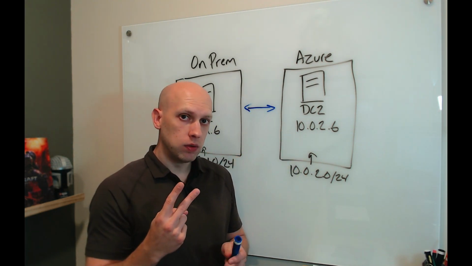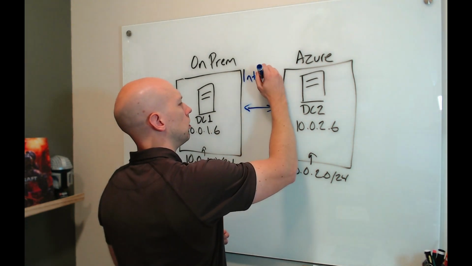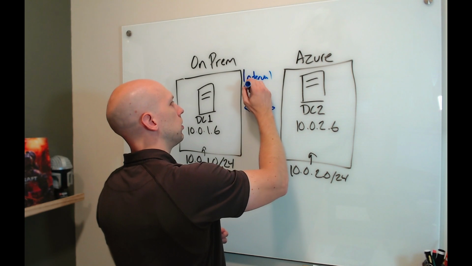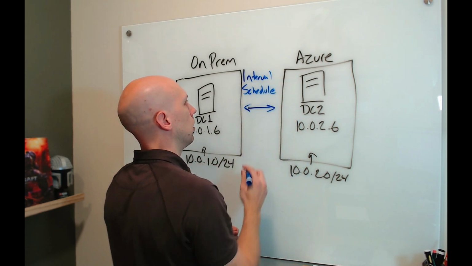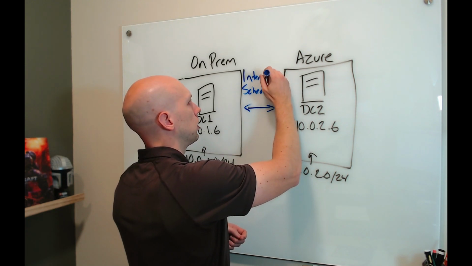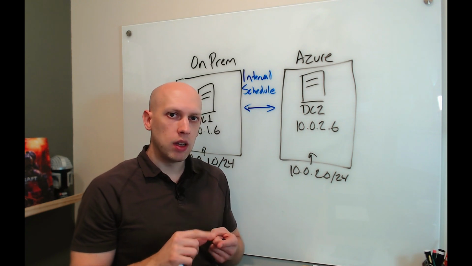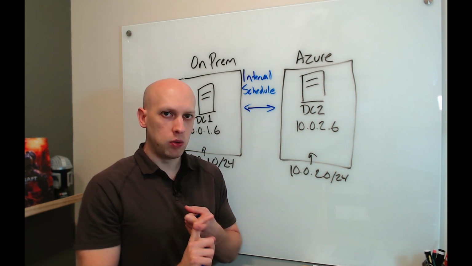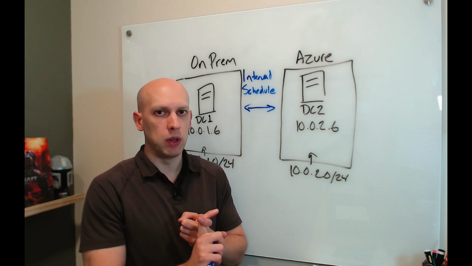The first 2 are going to be an interval and a schedule. Forgive me if my handwriting is terrible. There, interval and schedule. Now, an interval is simple. That's the delay, or the frequency, of how often data is copied between sites.